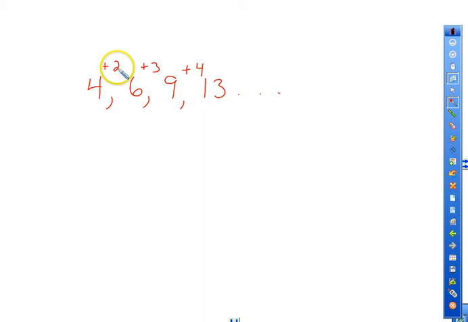You can see the pattern is adding 1 more each time. So my next one would be plus 5, which would be 18, and so on. This is not an example of arithmetic or geometric sequences.